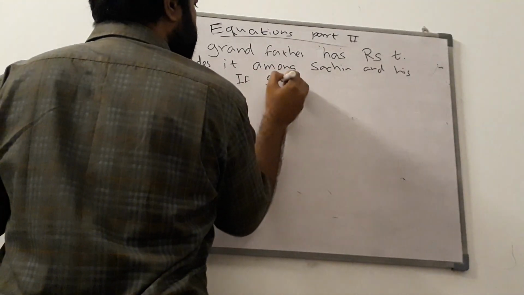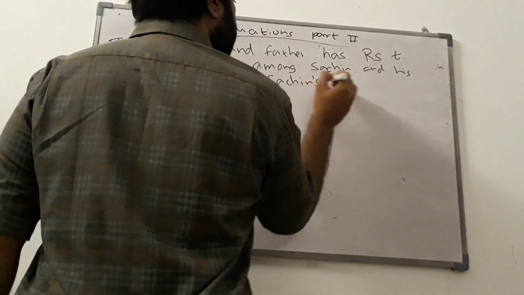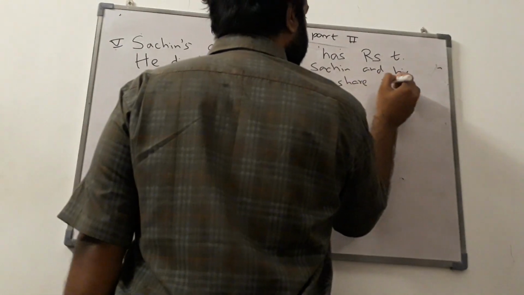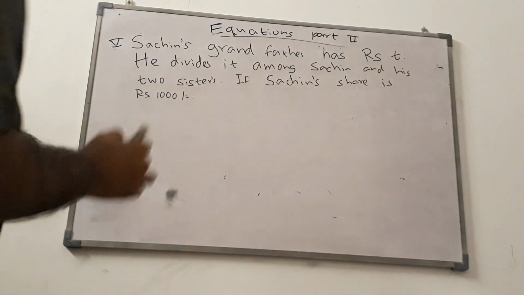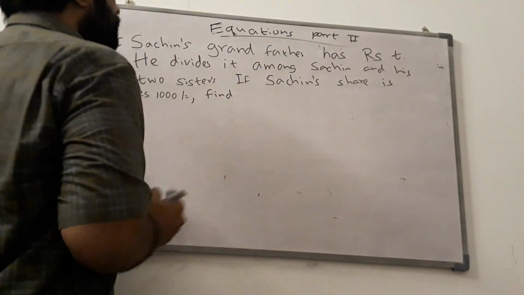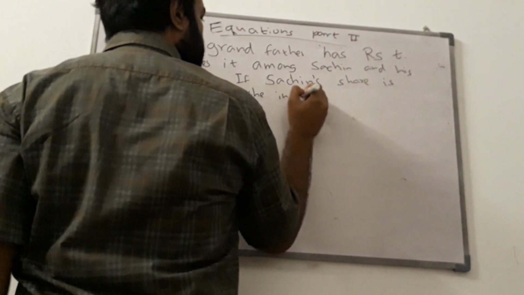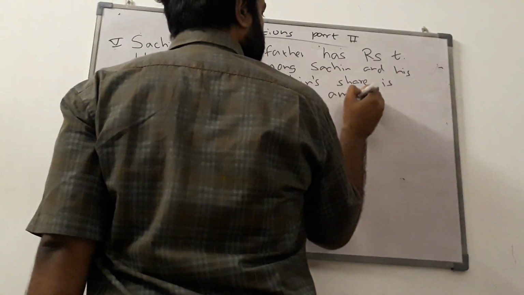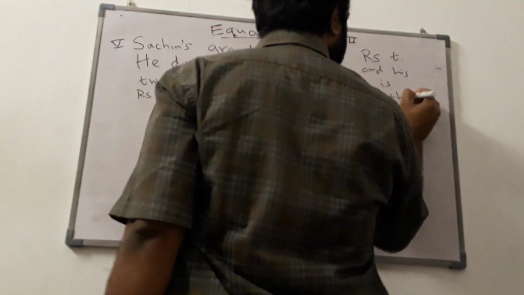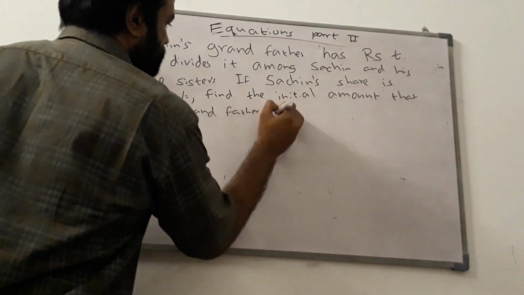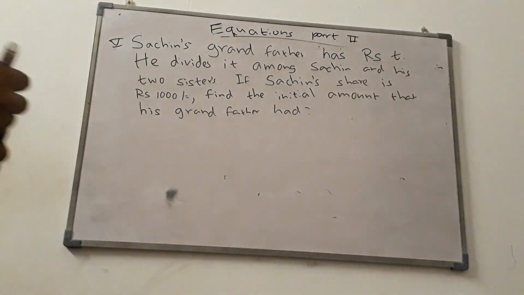If Sachin's share is 1000 rupees, find the initial amount that his grandfather had.